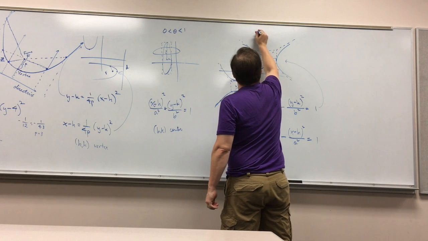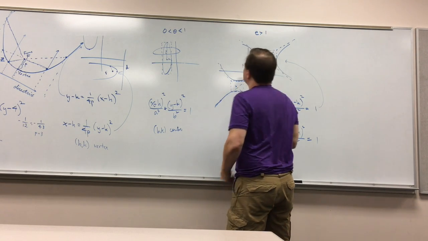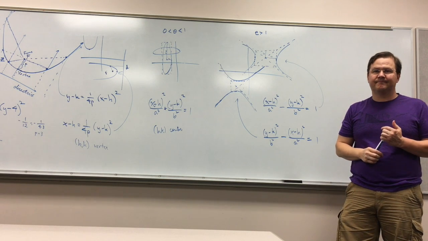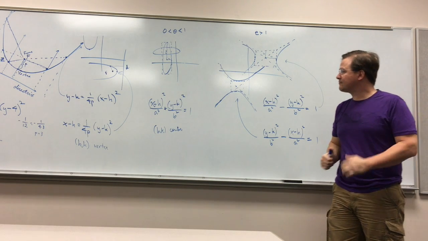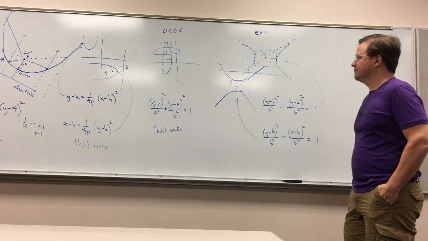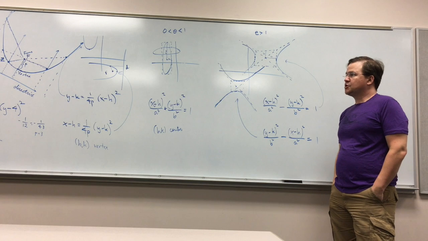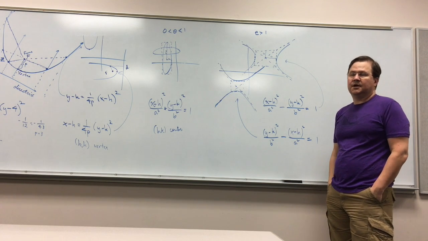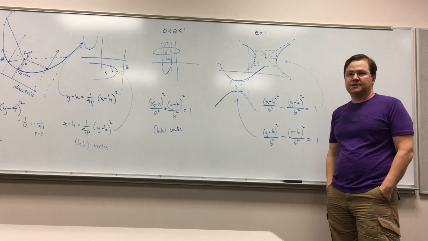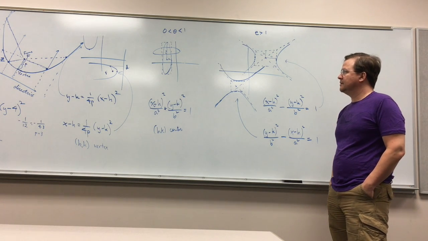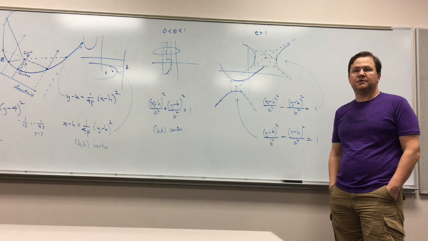And when the eccentricity is greater than 1, that's when you get a hyperbola. The eccentricity is a great thing to know because based on how big it is, you immediately know whether it's a parabola, an ellipse, or a hyperbola.